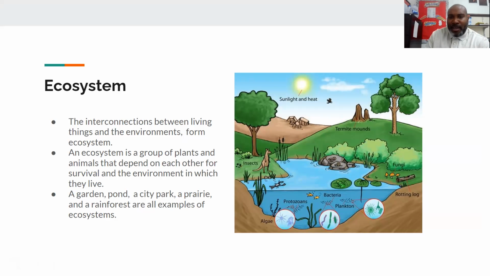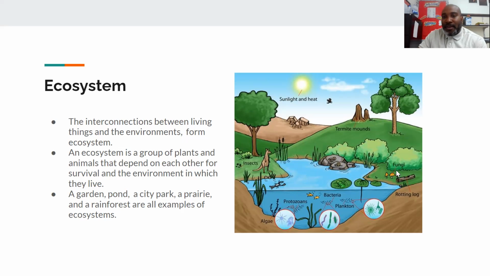If you see, you have a picture that's an example of an ecosystem. You have the sun, which gives us sunlight. You have termite mounds, trees, insects, different types of animals, bacteria, and water, and other very small living organisms.